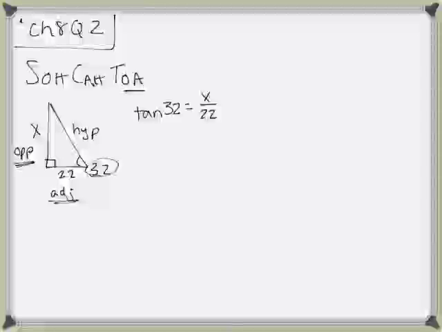And we want to solve for that x, so I can multiply both sides by 22 and type that into the calculator. 22 tangent 32, and I just type that right in the calculator. It will give you a decimal, but that's okay here because it's not one of our special patterns. If it's one of our special patterns, we want some exact answers, but here it's not a special pattern.